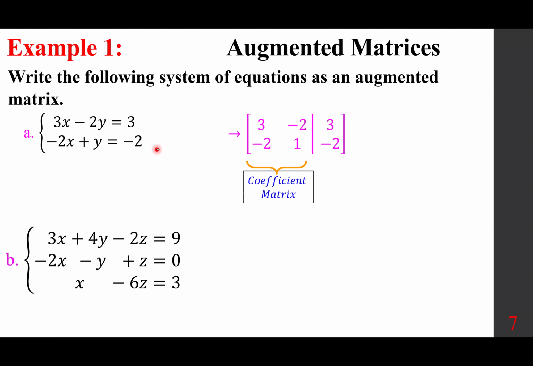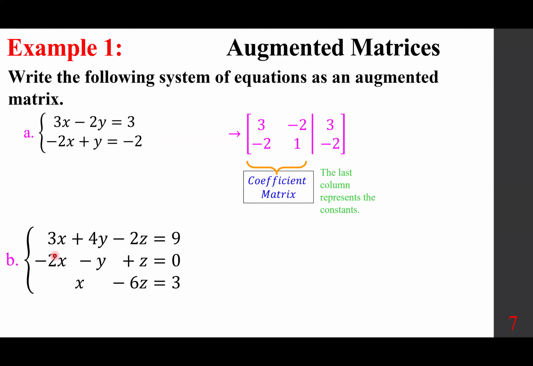This is called the coefficient matrix. The last column represents the constants. That's how it works, everybody. So this is in essence x, this is in essence y, and this is the constant.